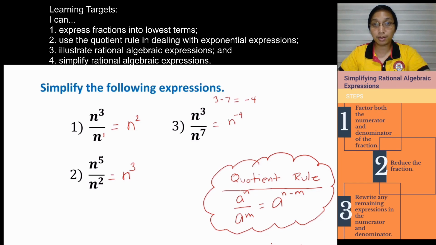But remember, we do not accept negative exponents. So if we encounter a negative exponent, we bring down the variable together with the exponent in your denominator, so it will turn into a positive exponent. So this is equivalent to 1 over n raised to the 4th power.